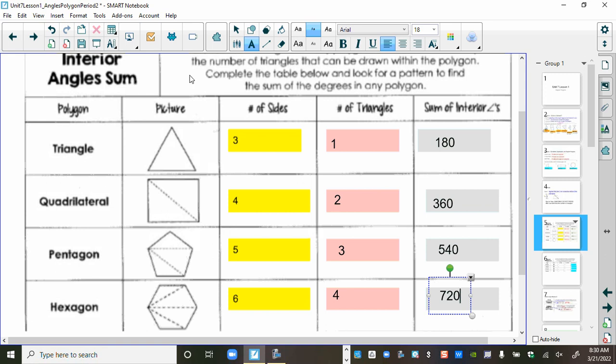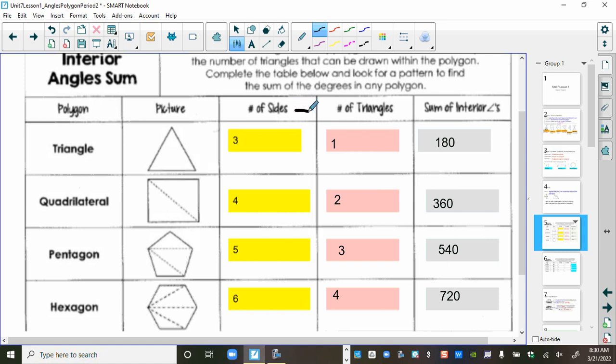All right, I want everybody to see a trend going on here. Trend number 1, number of sides. What number did we subtract from the number of sides to get the number of triangles? 3 minus what gave us 1? Or 4 minus what gave us 2? Minus 2.